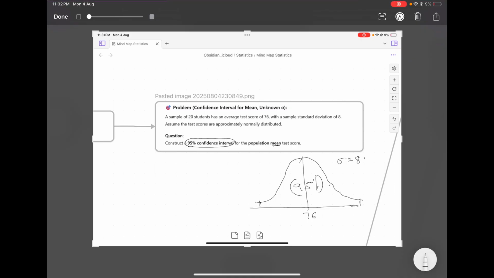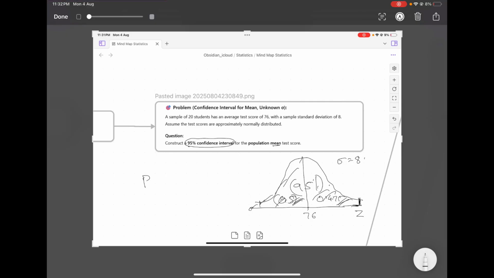First find the Z corresponding to the probability. You need to take all the probability to this side. So this side will be 0.475 and this side is 0.5 because this is symmetrically distributed.